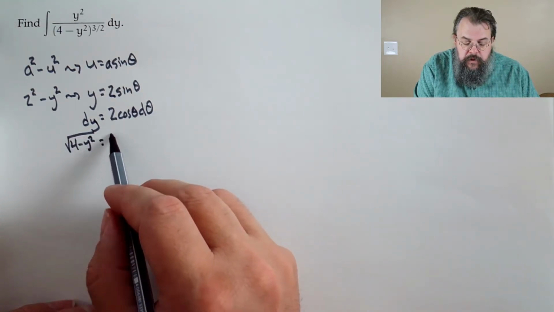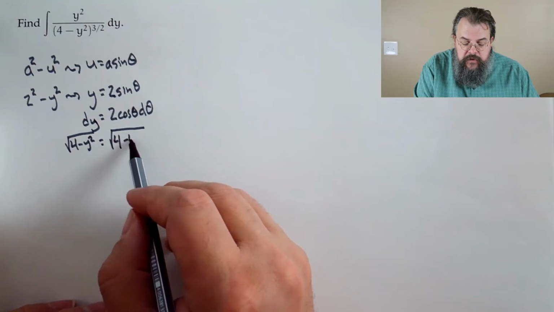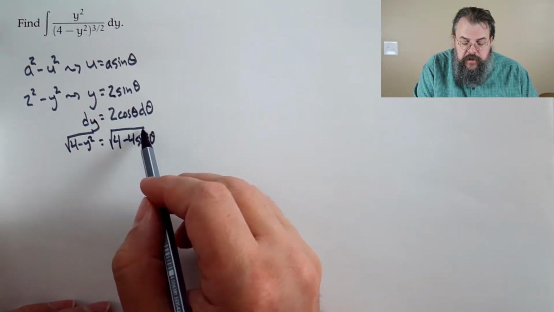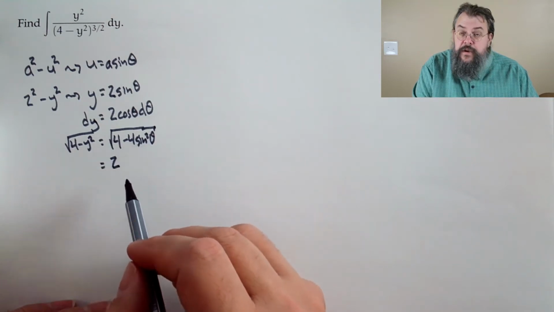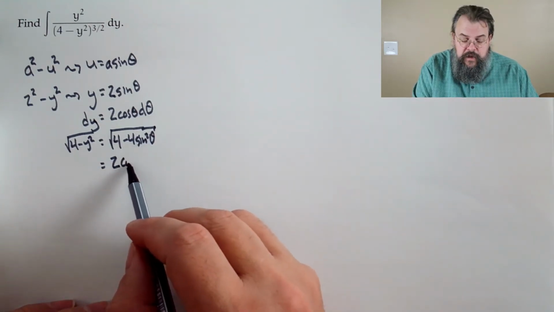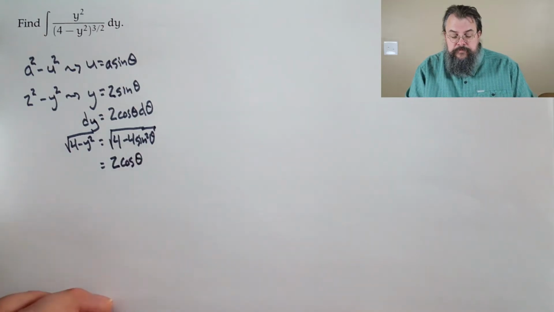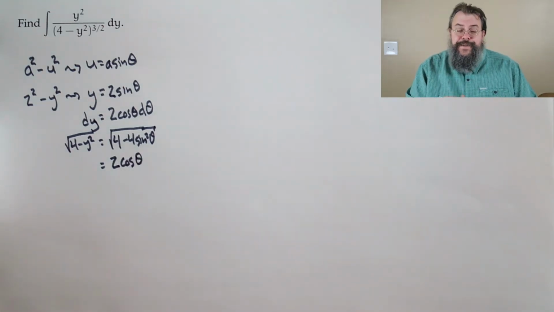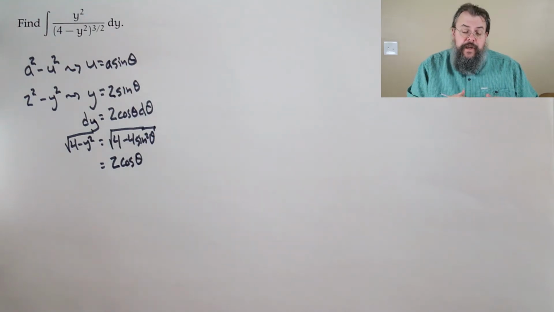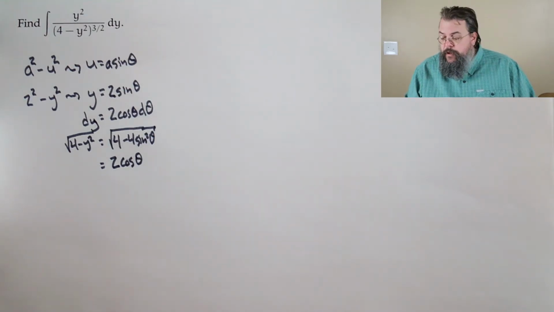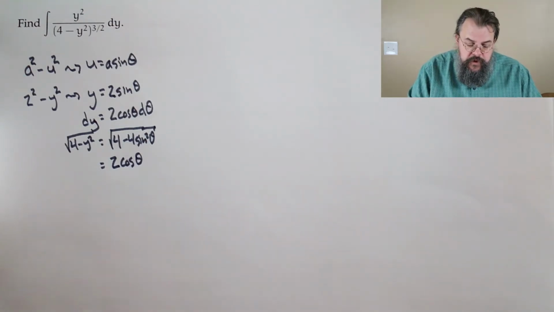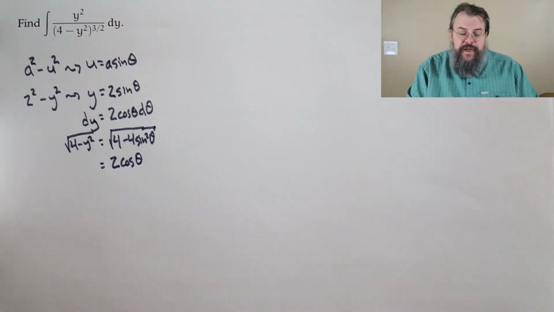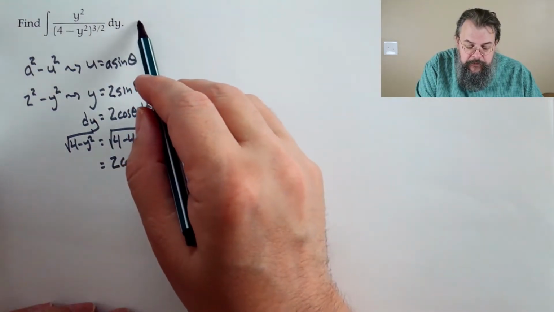And if we look at the square root of 4 minus y squared, well, that would be the square root of 4 minus 4 sine squared. You can pull out the square root of 4, which is 2, and the square root of 1 minus sine squared is cosine. All right, so that's all of our pieces together. Now we update. What will our integral become? Well, just go through piece by piece and make sure you keep track of everything.